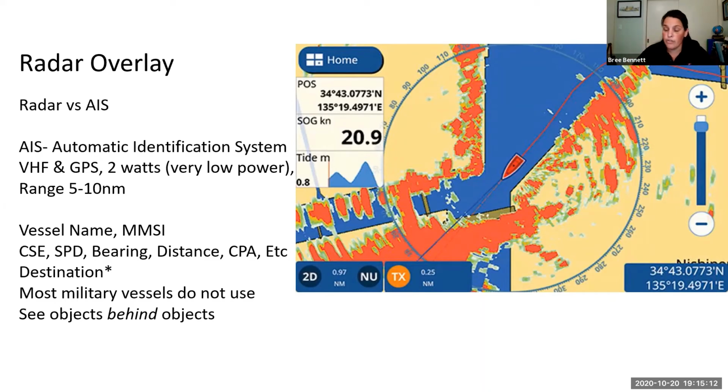that is super helpful. If you're out there and you see somebody on radar, you see a blip and you want to call them on the radio or ask them something, you don't have to say, hey, motorboat that's south of Long Beach, this is the white boat off of your bow, or something general.